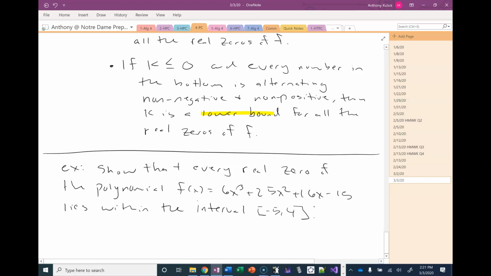So let's do an example here. This example says, show that every real zero of the polynomial f of x equals 6x cubed plus 25x squared plus 16x minus 15 lies within the interval -5, +4.